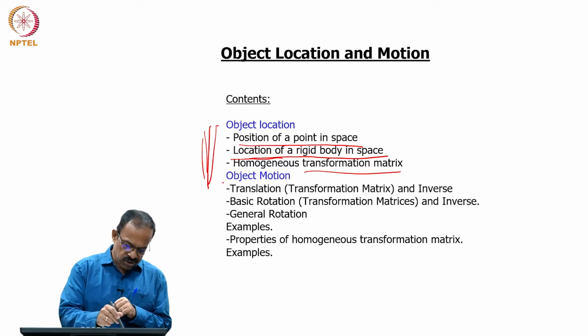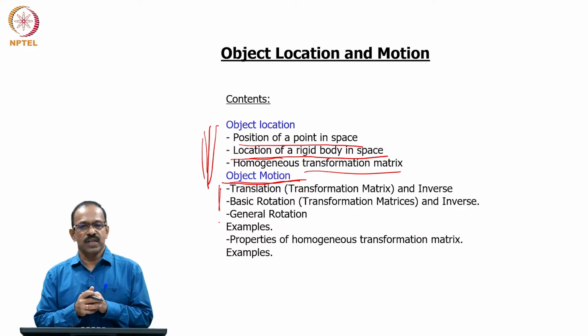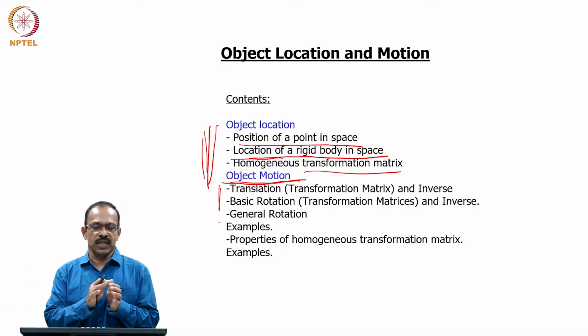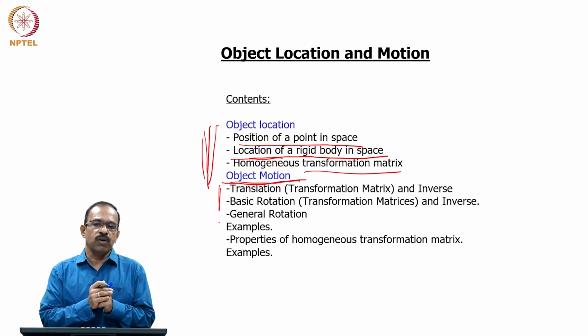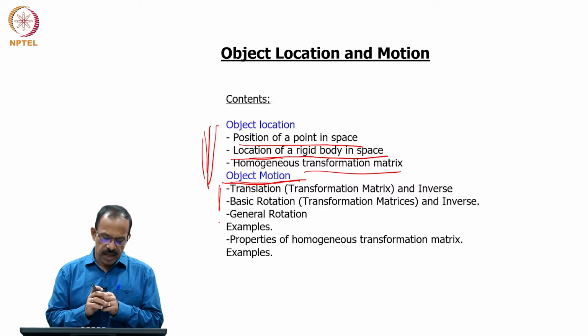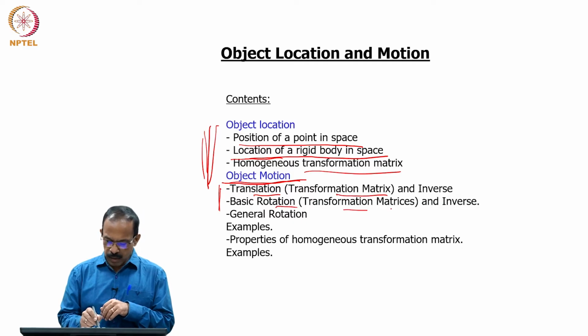In object motion, there are two ways that an object can move. One is translation, where we move linearly from one point to the other. The other is rotation, rotary motion. So, you can have translation and rotation for an object. How do we represent this translation and rotation using matrices?